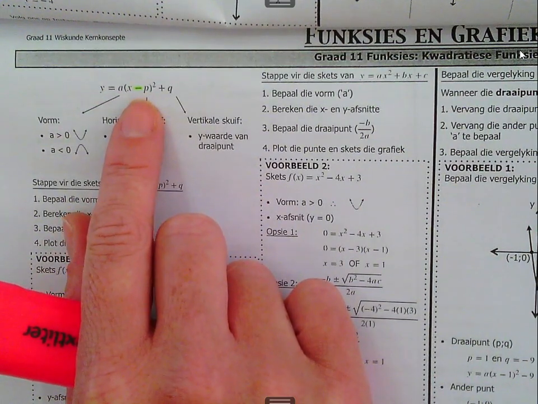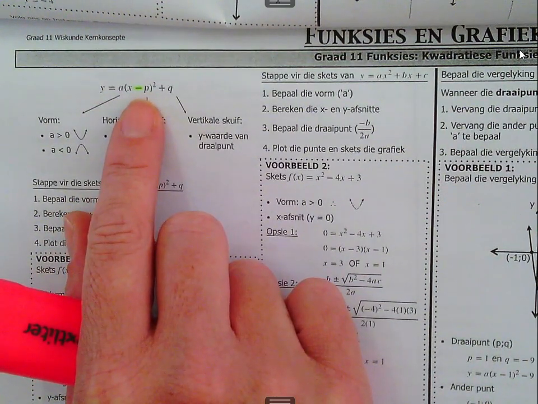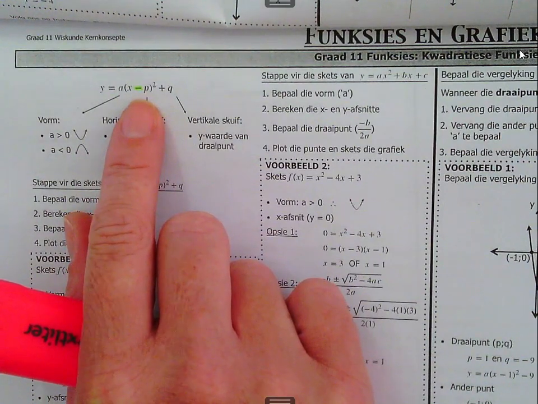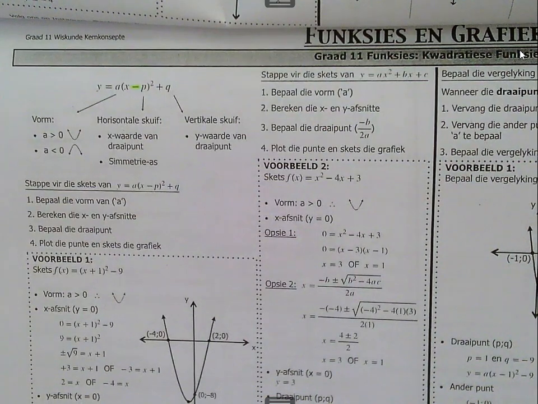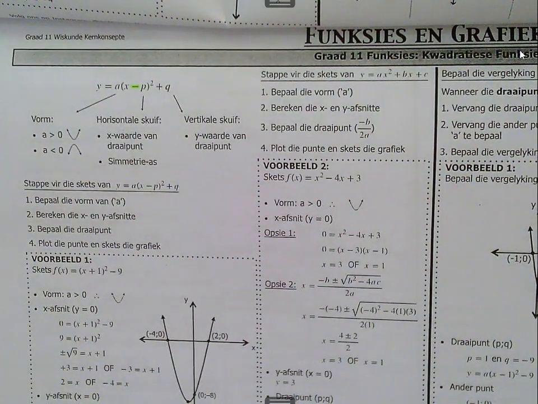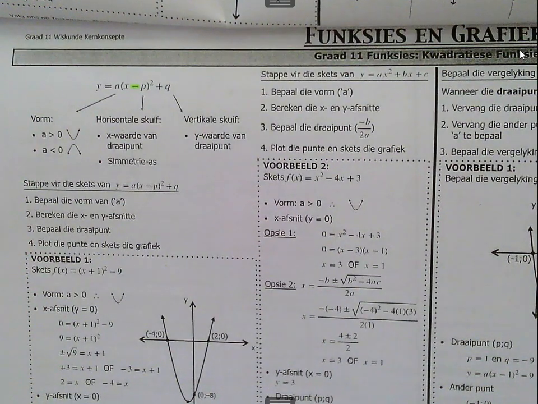And then our kids were completely confused because we know it as X plus P. But if they refer to it as X minus P, you just ignore it and you go on with X plus P. You write down your formula, A bracket X plus P, close the bracket, square, plus Q. And you do it as you normally would have done. Right. Ignore the fact that I say minus P.